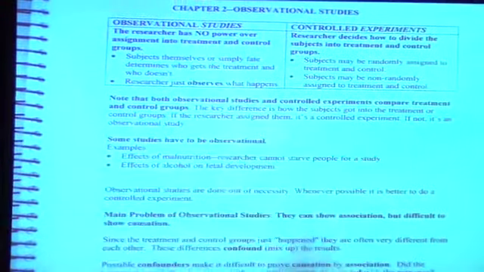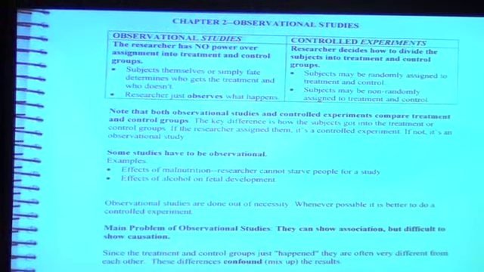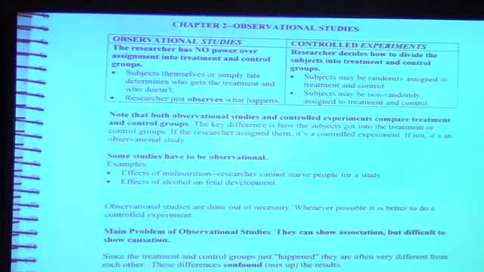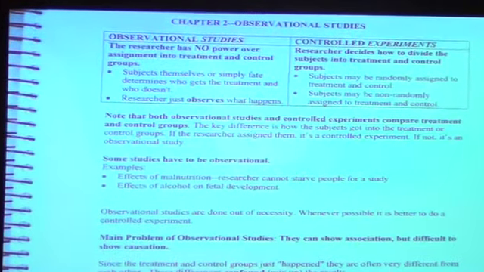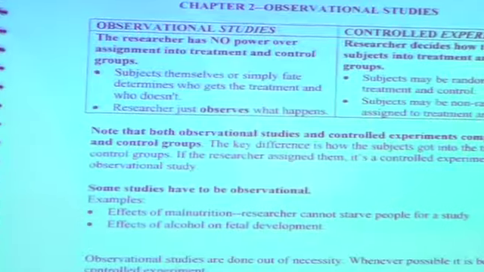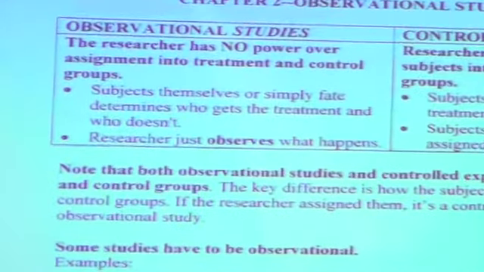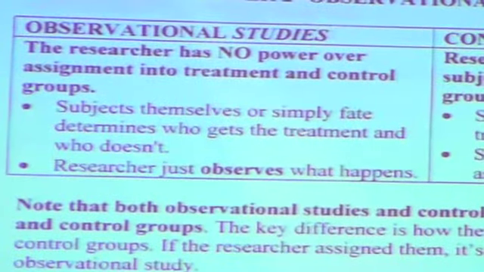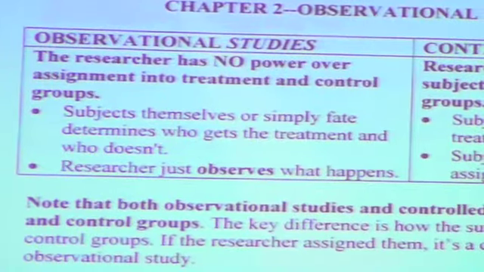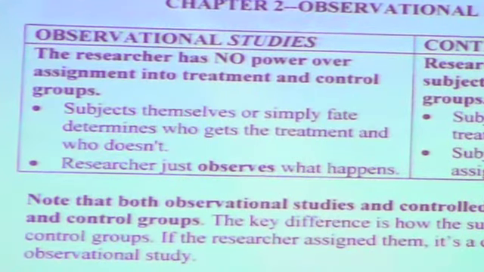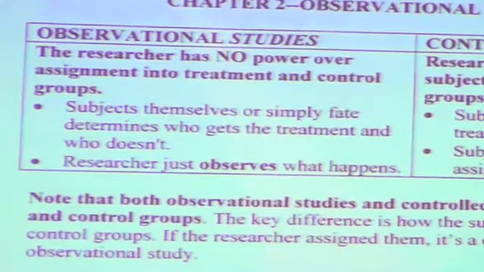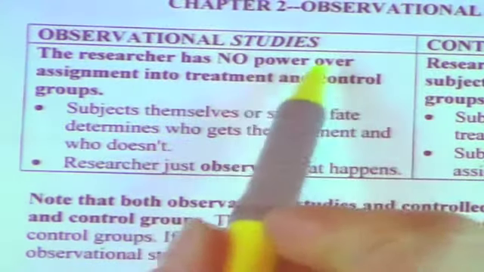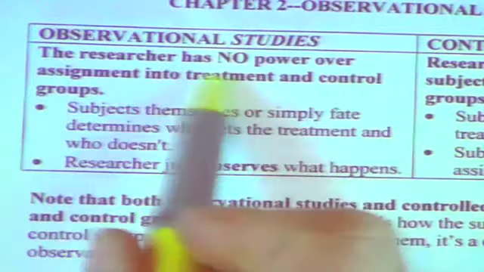Researcher has, where's my highlighter? I just went and bought some. Researcher has no power, no control. I hate that use of the word control because it's used so many different ways, but we're going to say has no power over assignment into the treatment group.